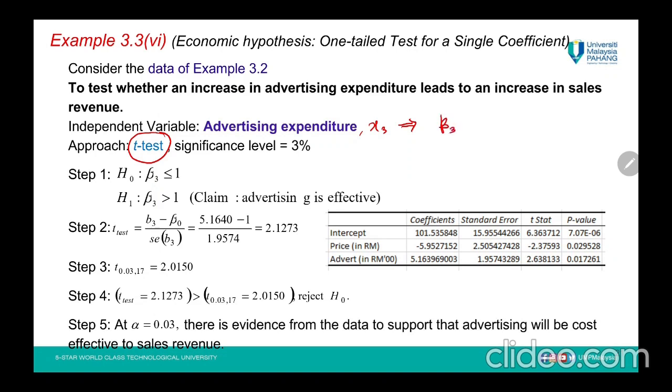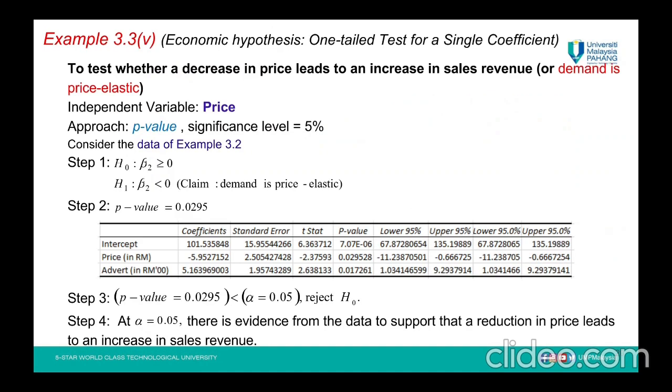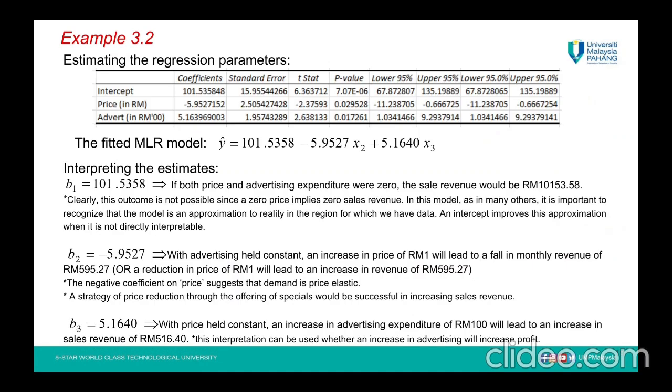Okay. So when we look at the statement given, an increase in advertising expenditure. Increase here means an increase of 1 unit of advertising expenditure leads to an increase. So this means that beta 3 here must be greater than 1. So this is the claim for this statement. 1 here means 1 unit of x3. Actually, this is related to the interpretation for B3.